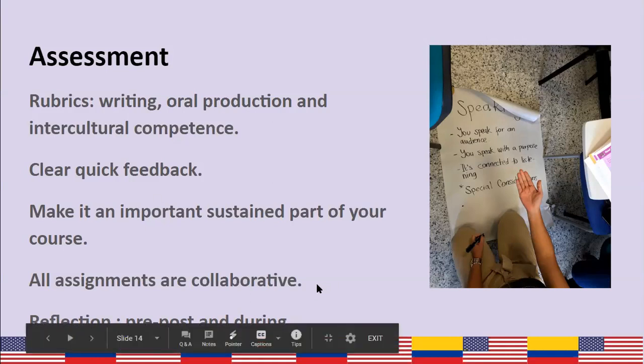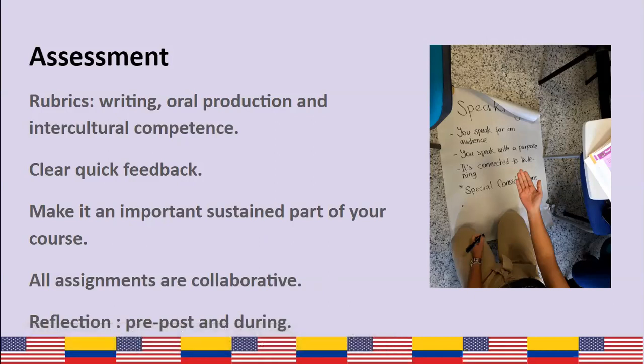So I think it's important to make sure that all assignments are collaborative. All of the assignments have to have input from both partners. One partner can't do the whole assignment and get credit for it.